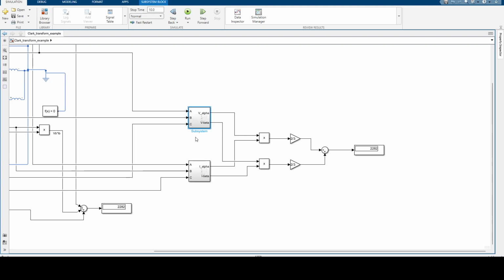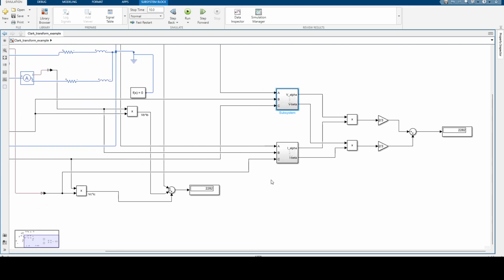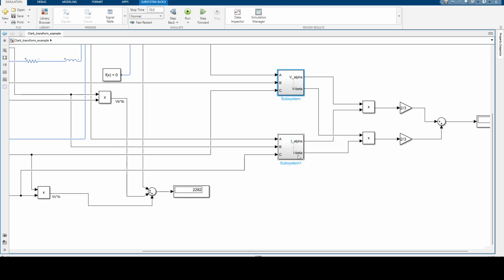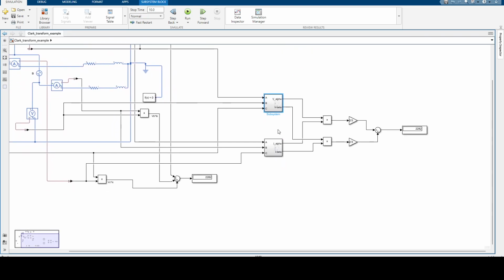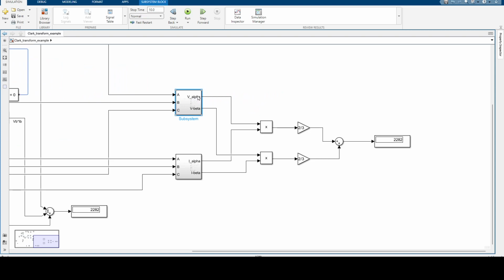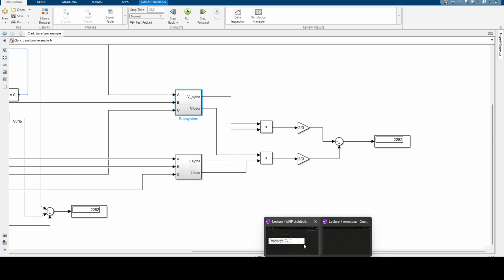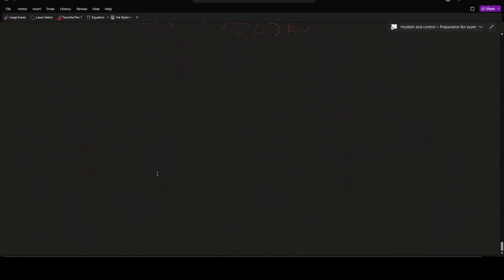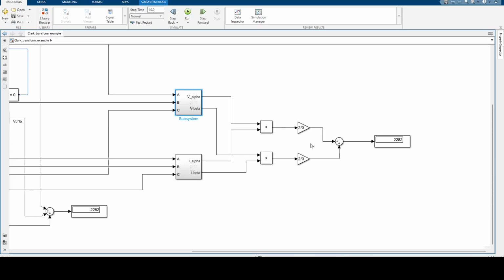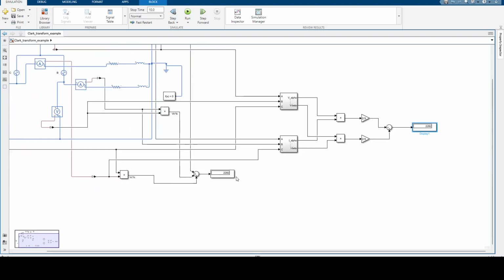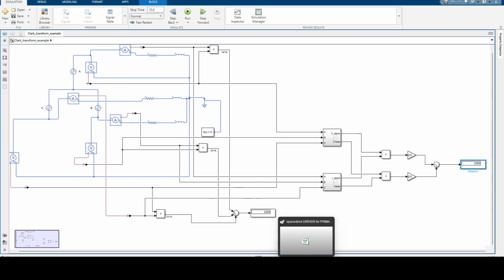Then I just make this a subsystem and copy it here and change it for the alpha and beta components of the current. We need both to calculate power. And once we have our components, we just need to multiply them by 2/3, that's what we said here, that to get power with our alpha beta is 2/3, and then sum that up and we get the 2.3 kilowatts. I hope this helped. That's it.